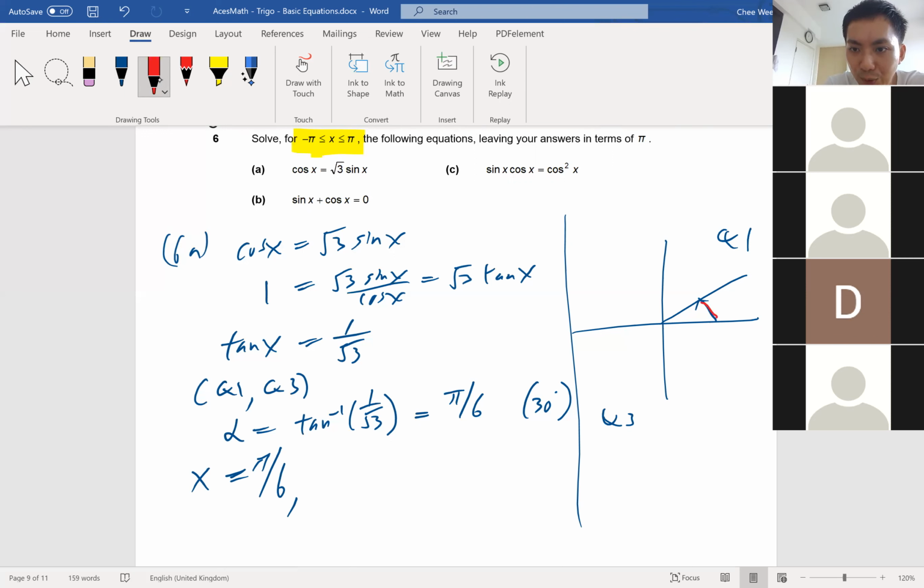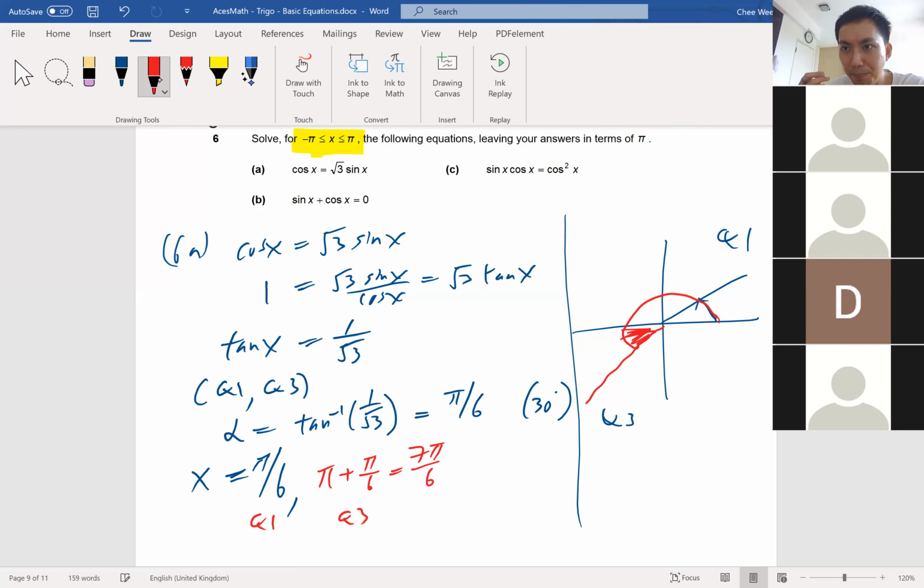If it's in the Q3, it's this way, the one in red, my ink in red. So it's 180 plus. Okay, not 180 because this is in radians. So it's pi plus pi over 6. This is a Q1, Q3, so this is actually 7 pi over 6.